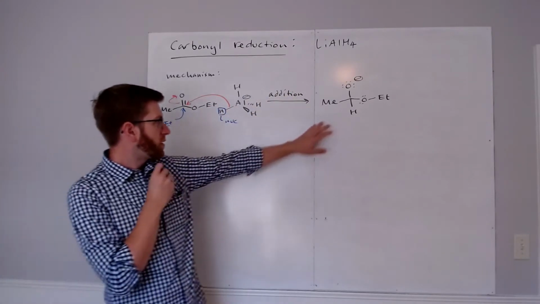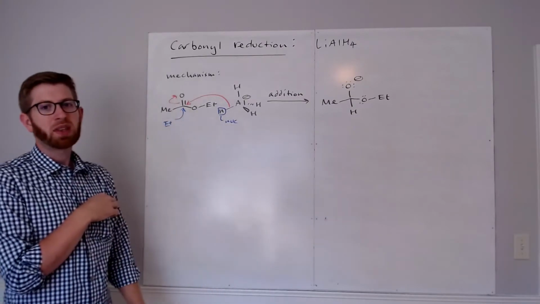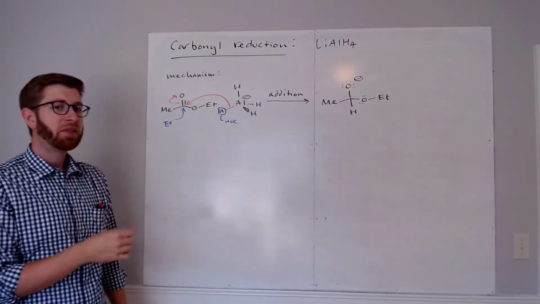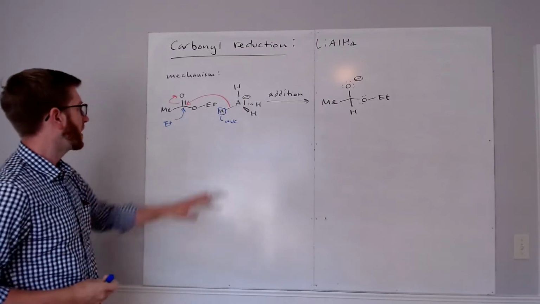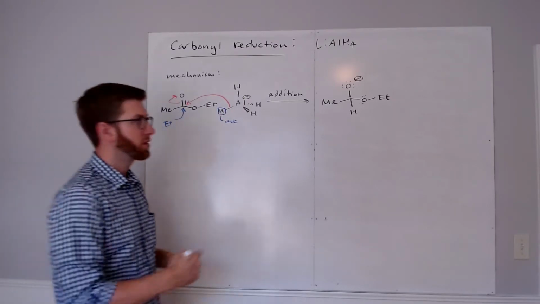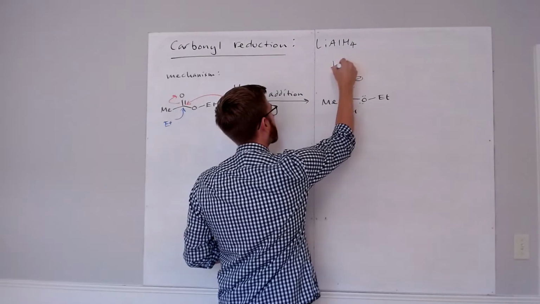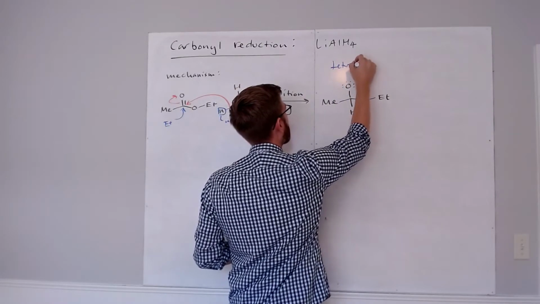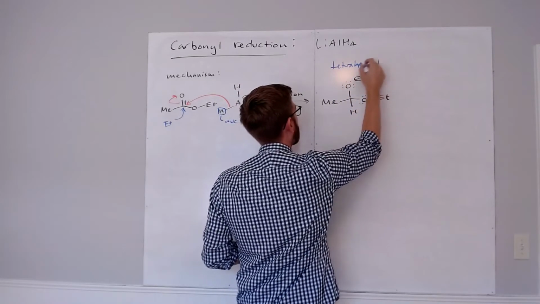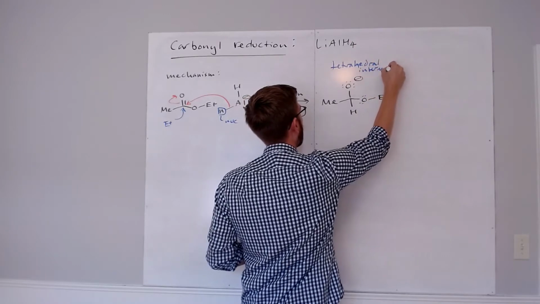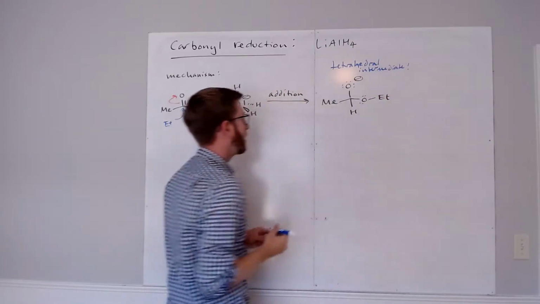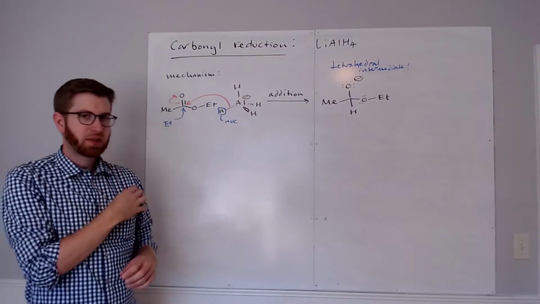If I look at this structure, though, it reminds me of something that we talked about a lot in Unit 5, a tetrahedral intermediate. It looks like I've added a nucleophile to a carboxylic acid derivative, right? So here's our tetrahedral intermediate. And we know that tetrahedral intermediates undergo elimination.